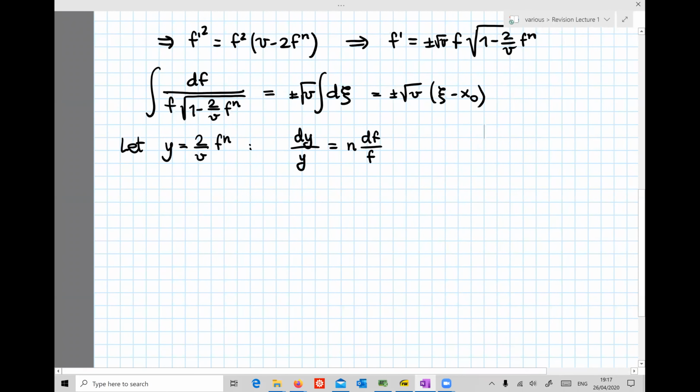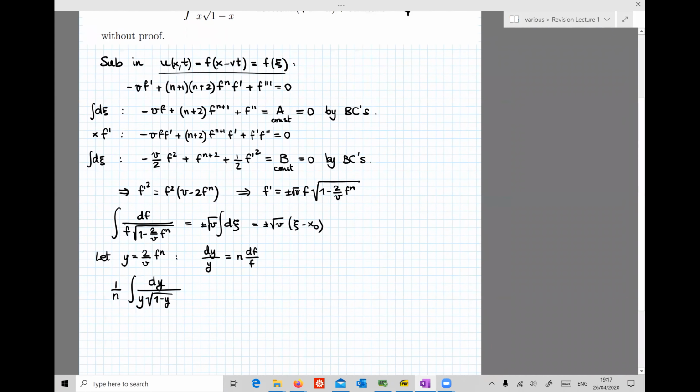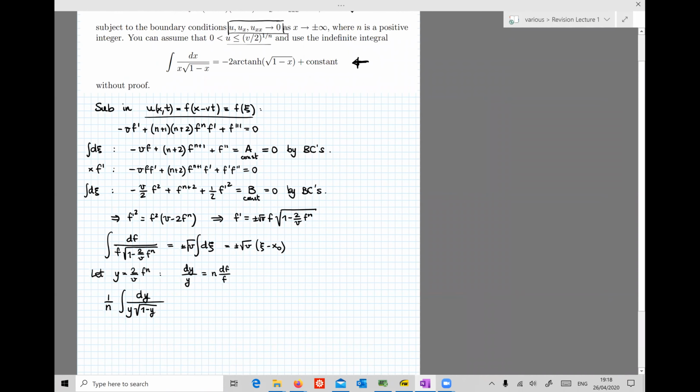Okay, so now essentially we can use this to rewrite df over f. That's equal to 1 over n dy over y, and then the square root becomes square root of 1 minus y.